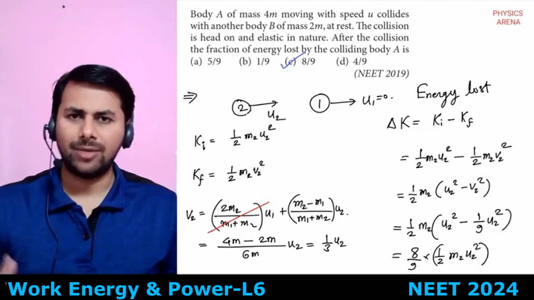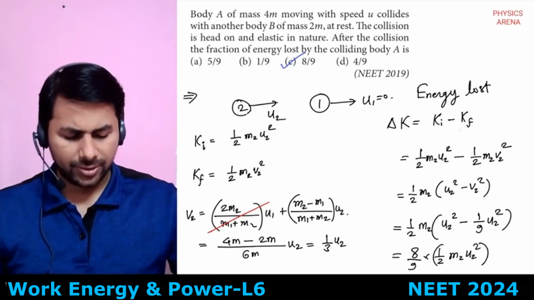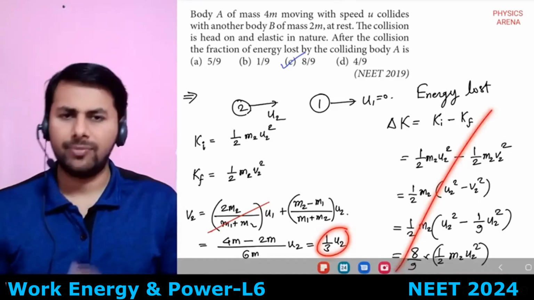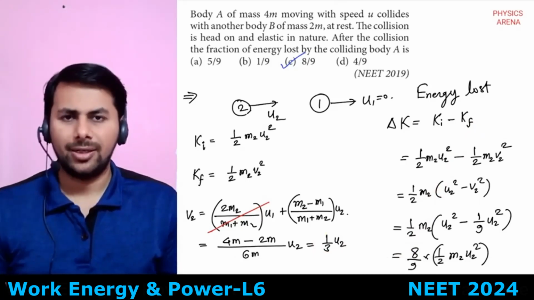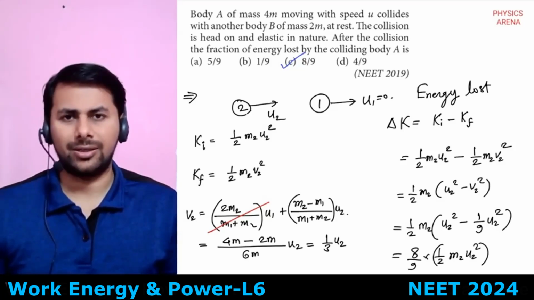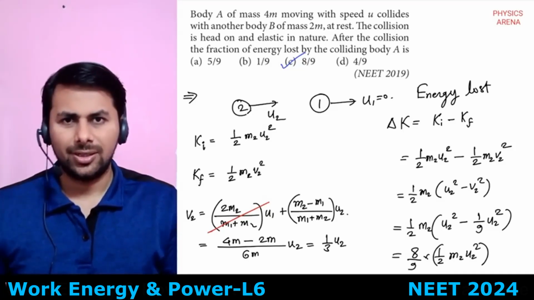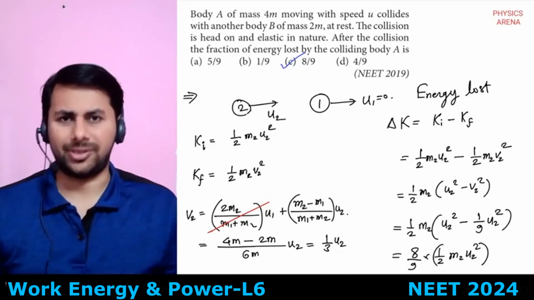Because it's directly proportional to velocity square. So forget this, find out this thing only. Final velocity becomes 1/3, kinetic energy becomes 1 by 9. If it becomes 1 by 9, that means with what factor is the energy lost? It becomes 1 by 9, that means 8 by 9 is lost.